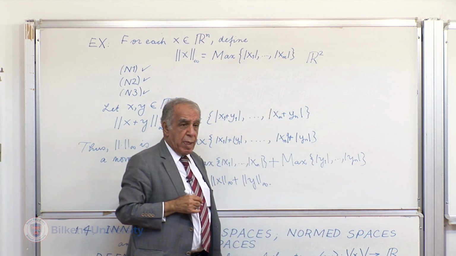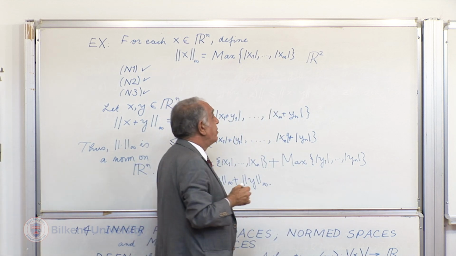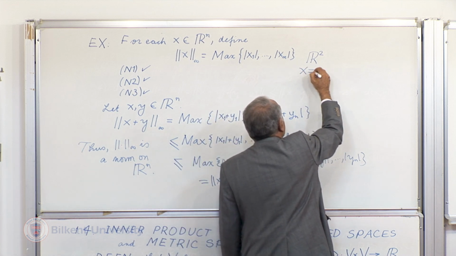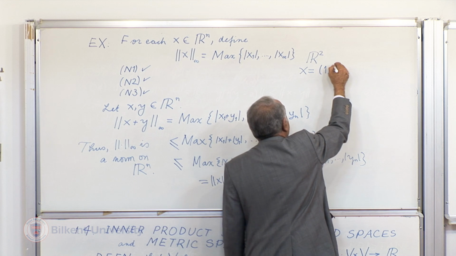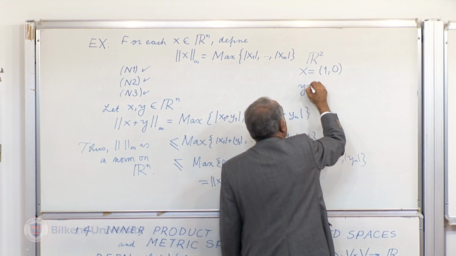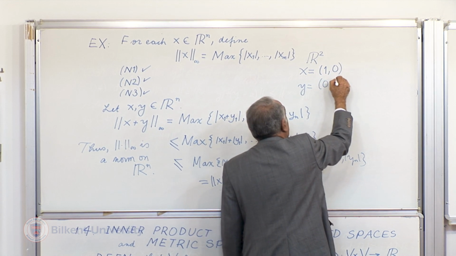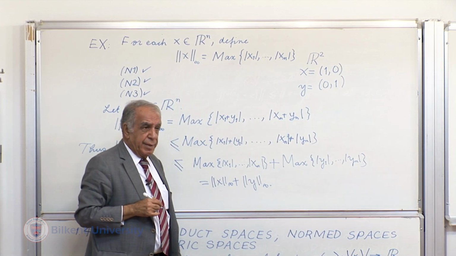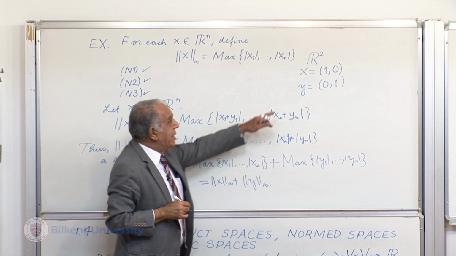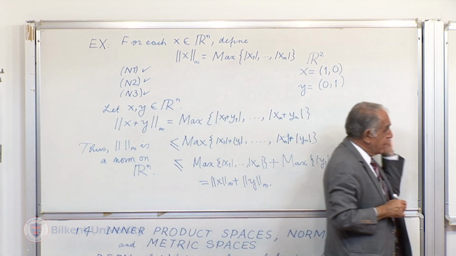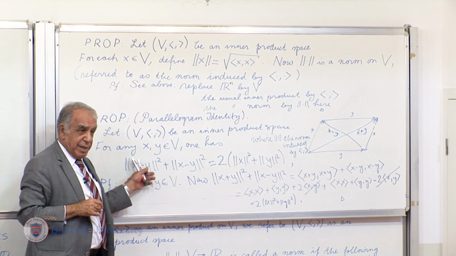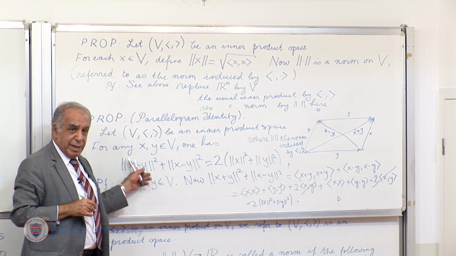Well, let me take x equal to (1, 0), and y equal to (0, 1). We will see that these two vectors do not satisfy the parallelogram identity.